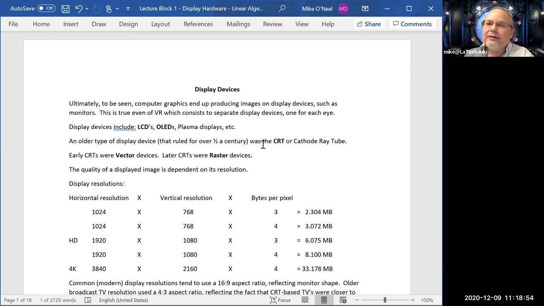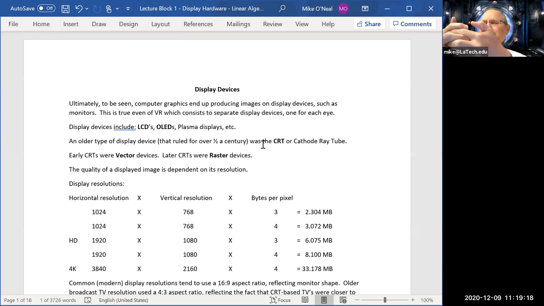Since televisions worked at 60 hertz, because that's the frequency of the alternating current in our houses, you would get half of an image on one pass and the other half on the next pass.